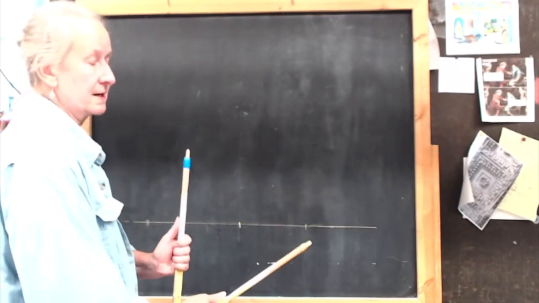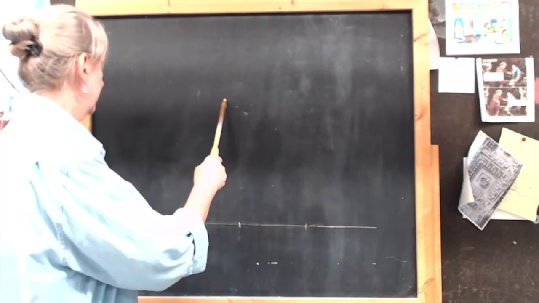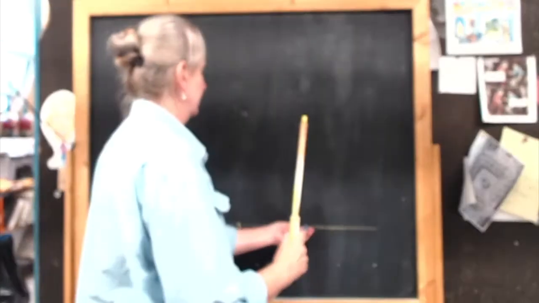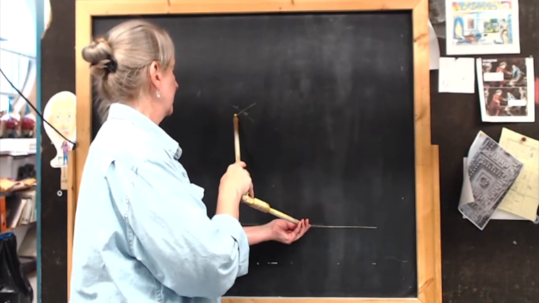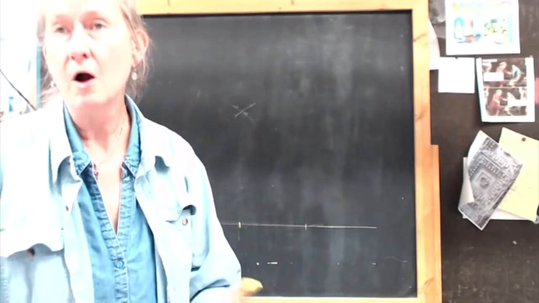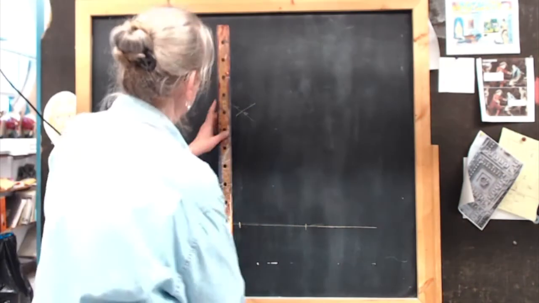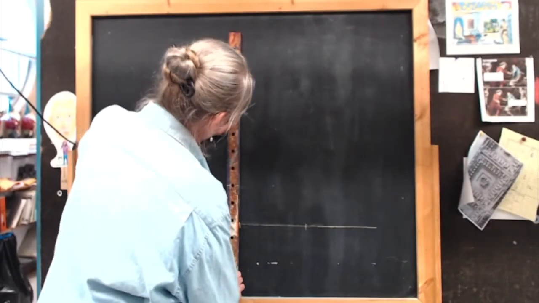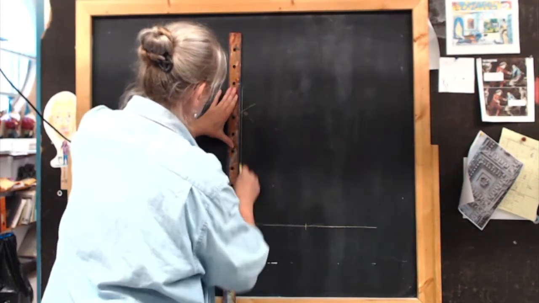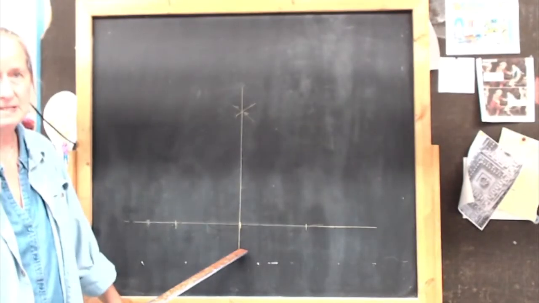And then I open my compass up wider, and I come to this point, and once again, draw an arc, and then I go over here, and I draw an arc, and once again, where those two arcs cross, I have found my line that's perpendicular to my baseline.